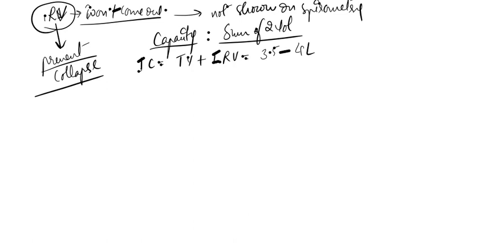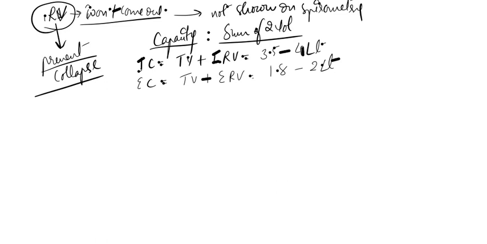Expiratory capacity is tidal volume plus ERV, expiratory reserve volume, which measures about 1.8 to 2.0 liters, that is 2 liters.